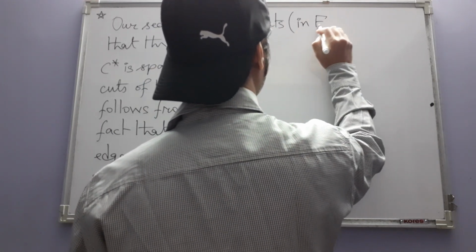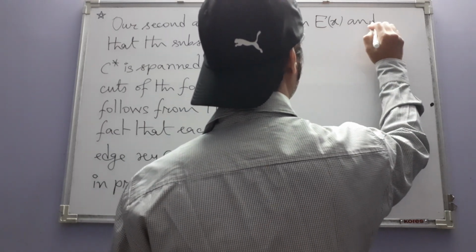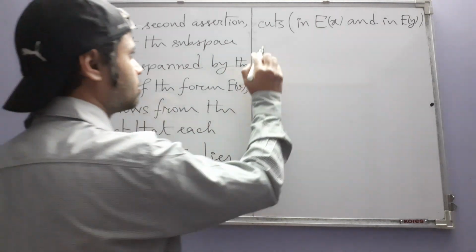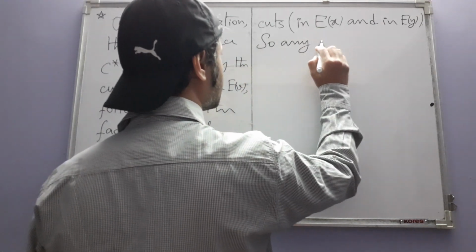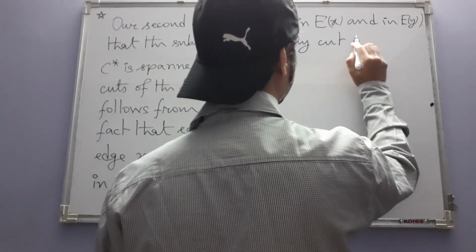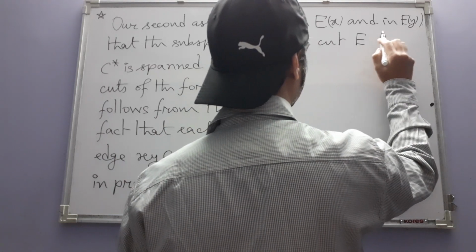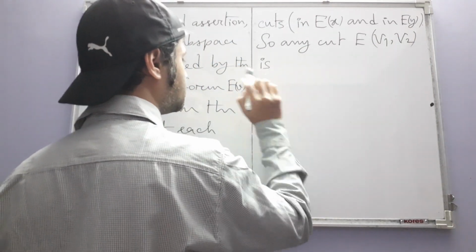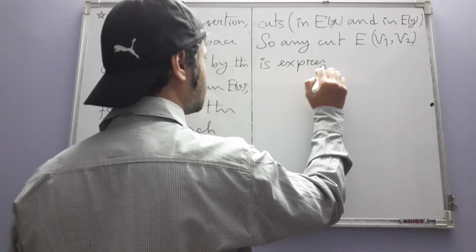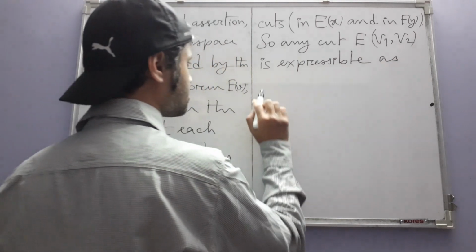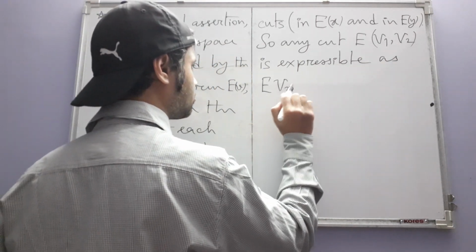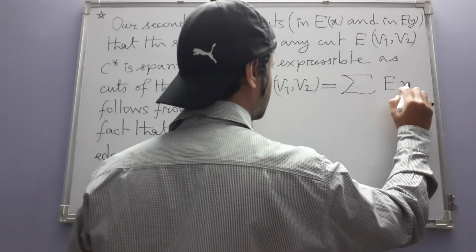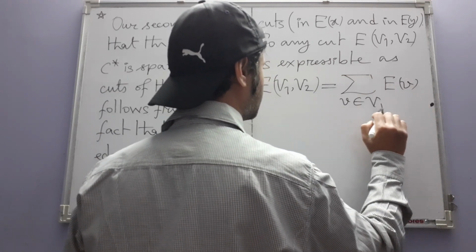And they are in E of x and in E of y. So any cut, or any vertex set edge set of this form E of v1 comma v2, is expressible as the summation of E of v as v varies over v1.